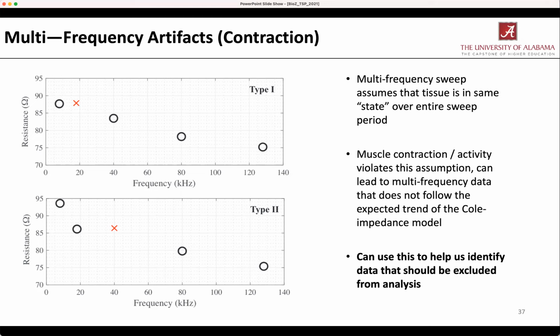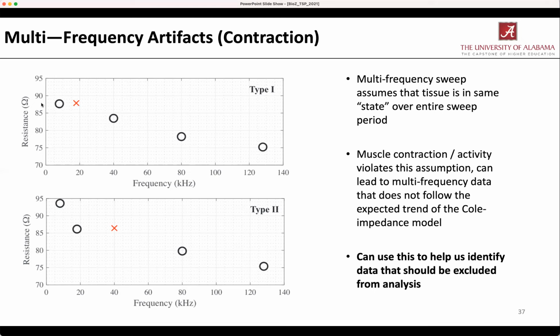Why is that a problem? If we're going to use the Cole impedance model fitting to extract information about the tissue, a change of a single data point or multiple data points in a single sweep can really alter our fitting. Here I'm showing two types of artifacts.